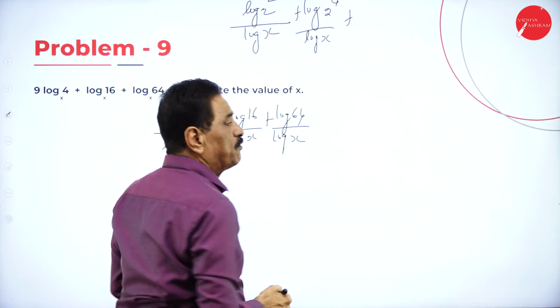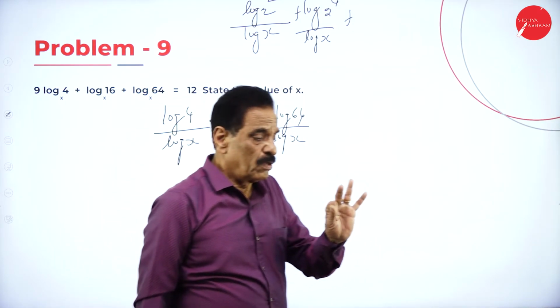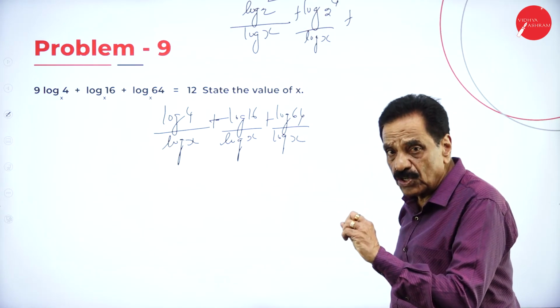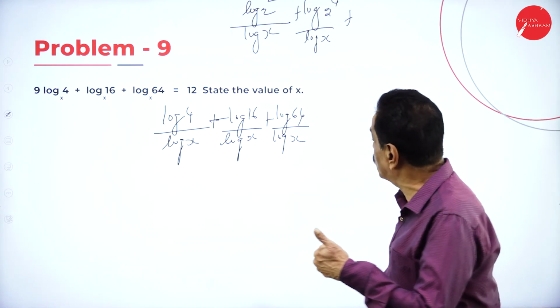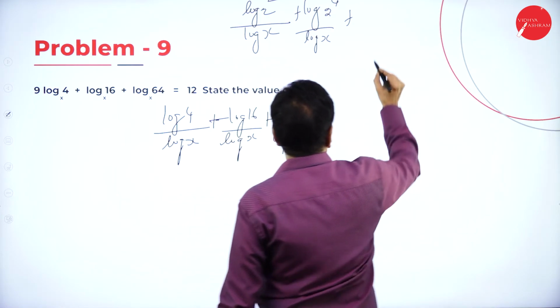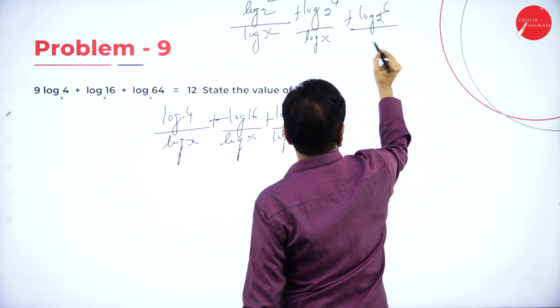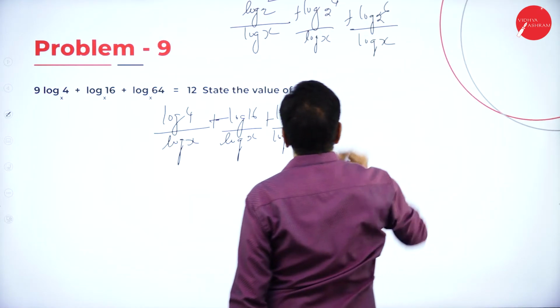For 64: 2 2s are 4, 4 2s are 8, 8 2s are 16, 16 2s are 32, 32 into 2, 64. This can be written as log 2 to the power of 6 divided by log x.